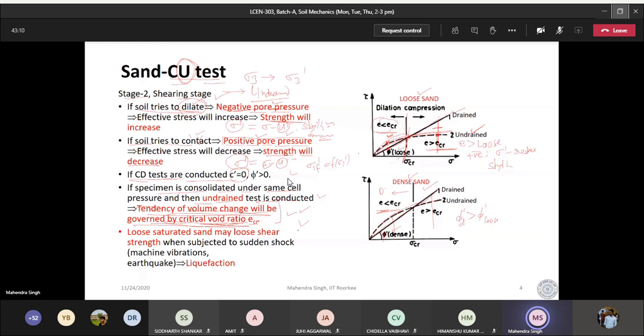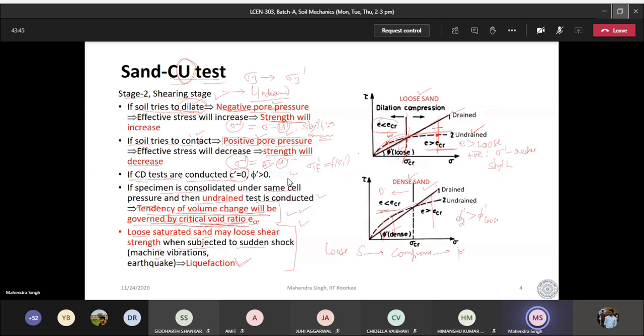One important aspect of this is what is called liquefaction. When you have a loose saturated sand, it can happen in sand, it can happen in silts also. When there is a sudden shock, for example an earthquake or machine vibration, it tries to compress, and the load is so sudden that an undrained condition develops.